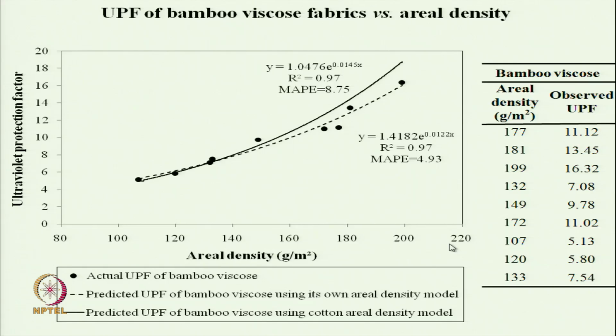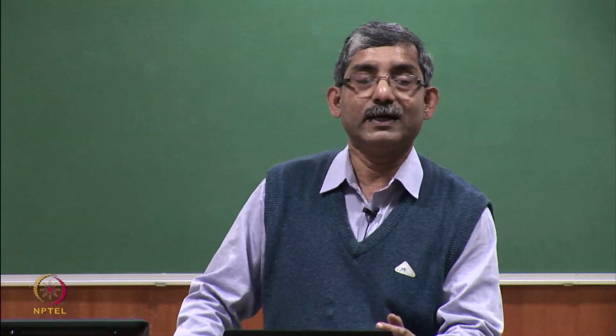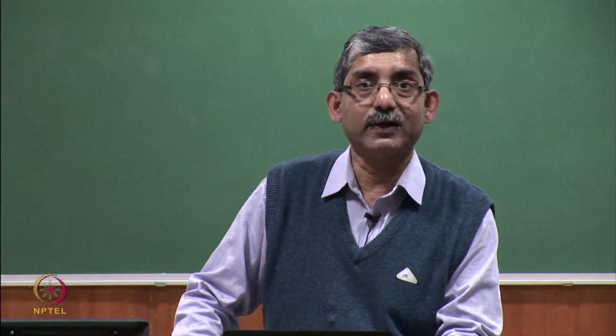You can see here it is 4.93 when we used the viscose as a model, and using cotton model it is becoming 8.75. So, one can now see that to predict the UPF of fabric, we can use that areal density as independent variable.